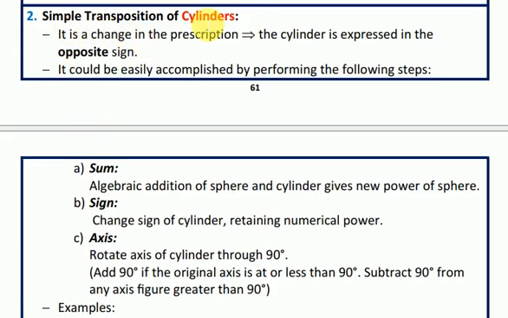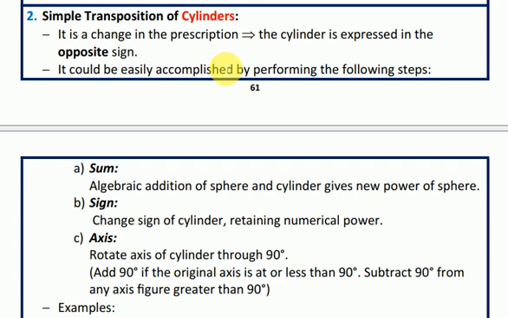Next is simple transposition of cylinders. In this we change the description of a toric astigmatic lens. The cylinder is expressed in the opposite power. So during transposition of cylinder, the power of the cylinder is changed from positive to negative or from negative to positive.